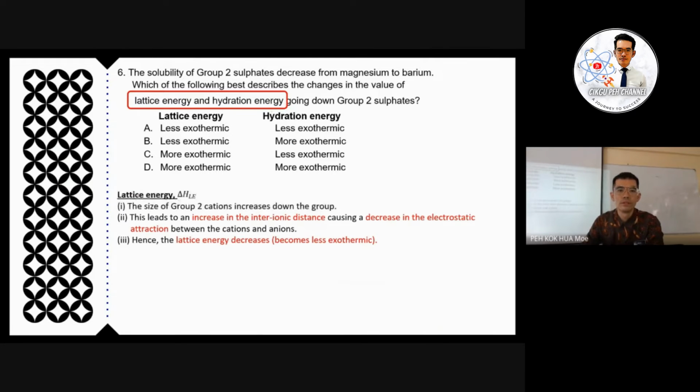Okay, so for the lattice energy, the size of the group 2 cation increases down the group.